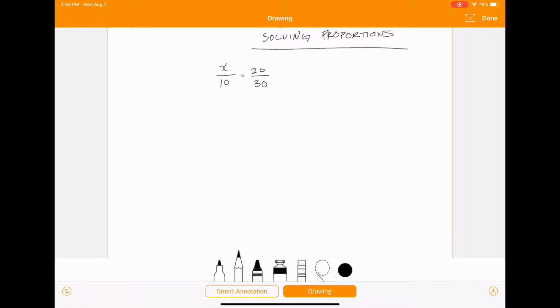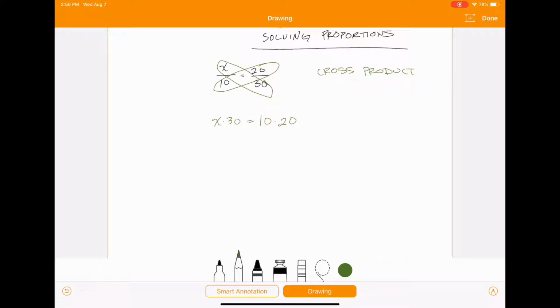What you're going to do in this case is you're going to use what's called the cross product. So you're going to multiply these together and set them equal to these multiplied together. So we're going to have x times 30 equals 10 times 20.